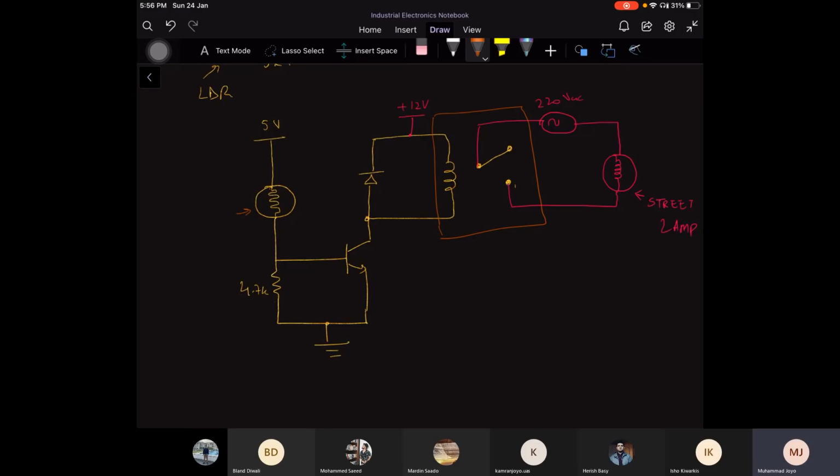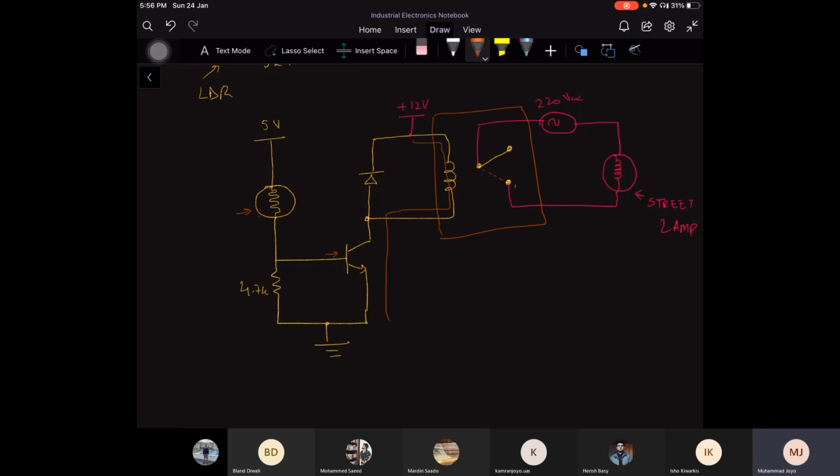So what happens is that when the sensor is exposed to a set amount of light, it turns on this transistor, and once this happens, the current will pass through this coil towards the ground, and in action, this electromechanical bar will move from normally closed to normally open by completing the circuit, and it will turn on the street lamp.